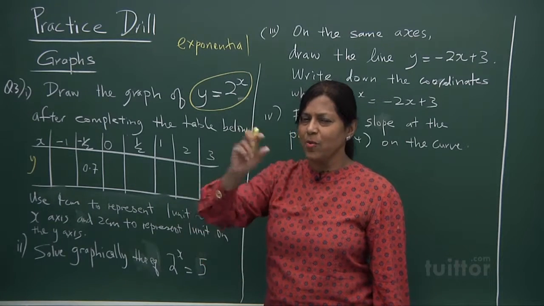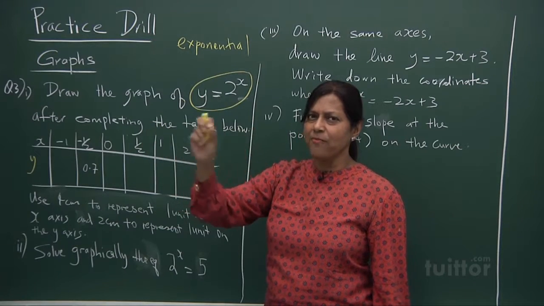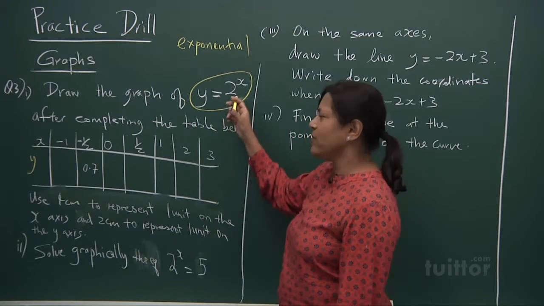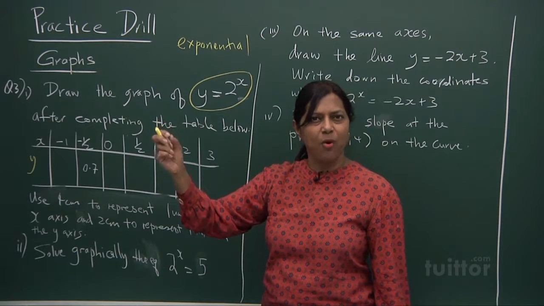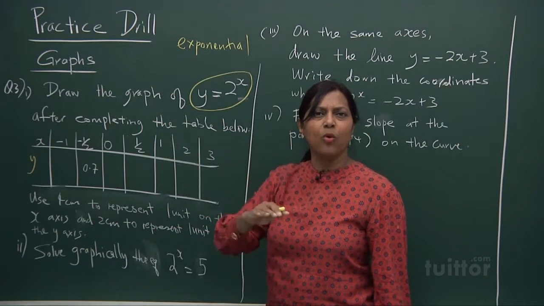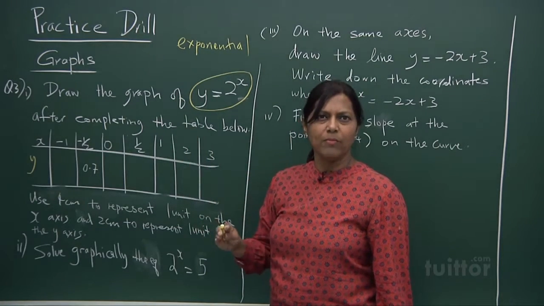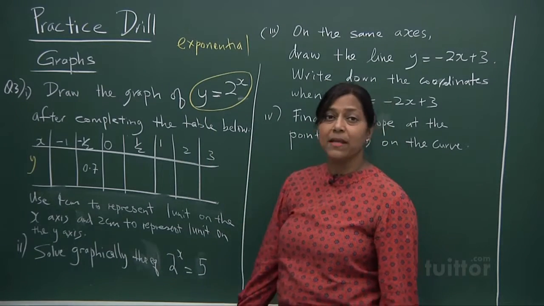Do you see when x moves from 2 to 10, the y jumps from 4 to 1024? So you see the exponential growth, a very big slope, a huge slope, the speed of increase. So we're going to draw a graph something like that.